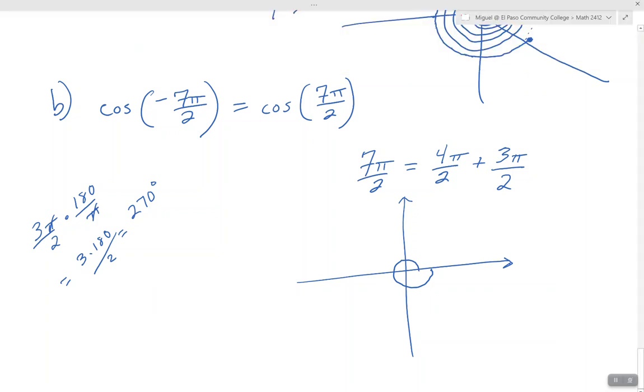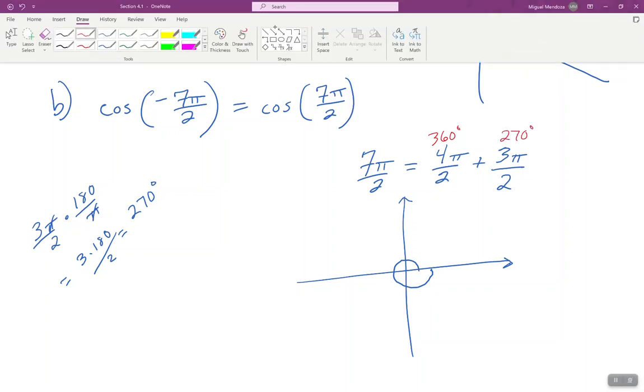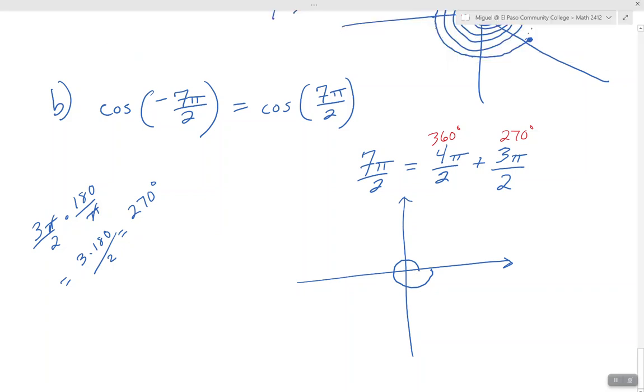Think of it this way. This is 360, and this is 270, right? So 360, that's this part. And then we go 270 more. So 270 is what? 90, 90, 90. So right here.